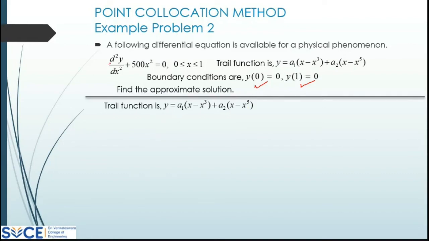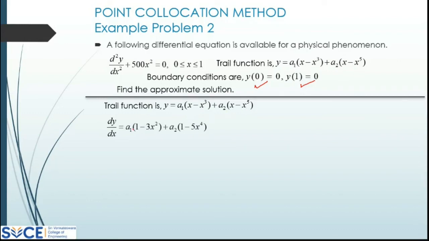This means I need to differentiate this equation twice. So dy by dx: a1 times differentiating x gives 1, x cube gives 3x square, and for a2, this is 1 and this is 5x power 4.